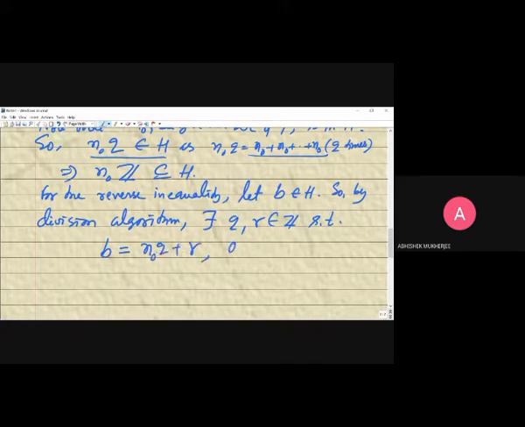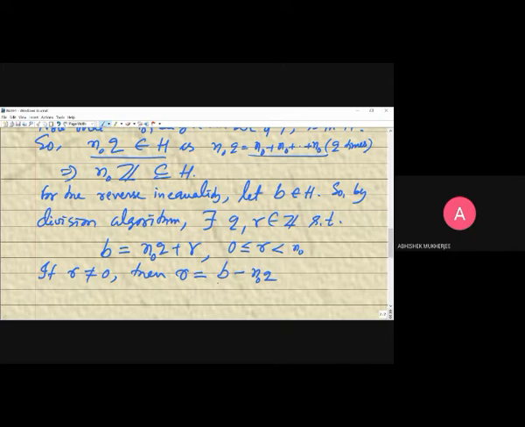R is the remainder satisfying 0 less than or equal to R less than N naught. Now we show that this remainder will be 0. If not, if R not equal to 0, then R will be written as B minus N naught Q, right?